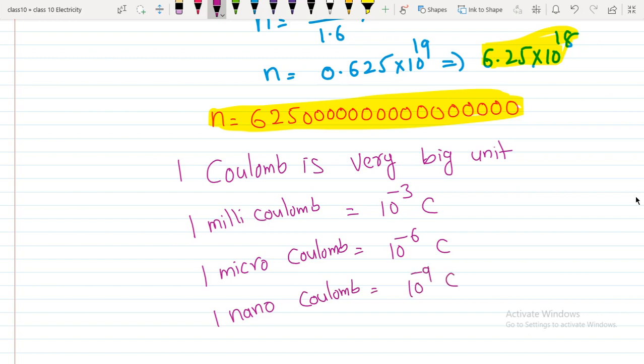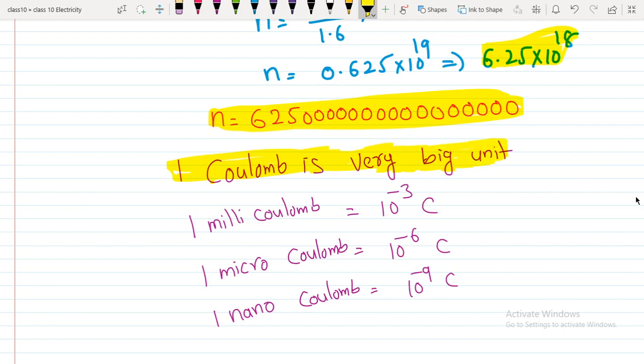So 1 coulomb is a very big unit, because 1 coulomb contains 625 times 10 power 16 electrons.